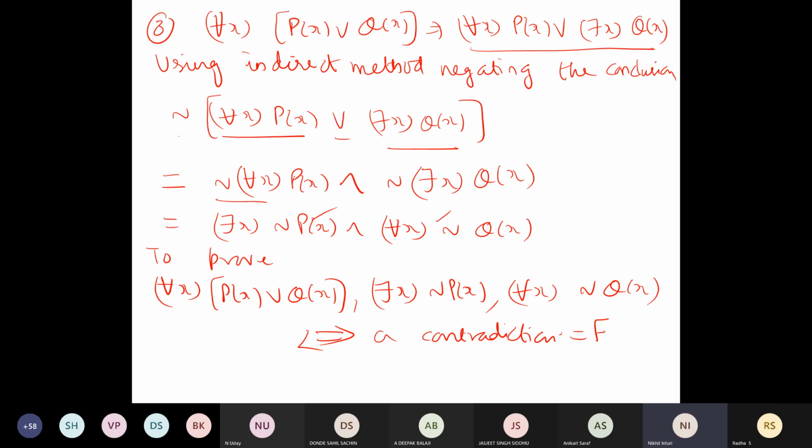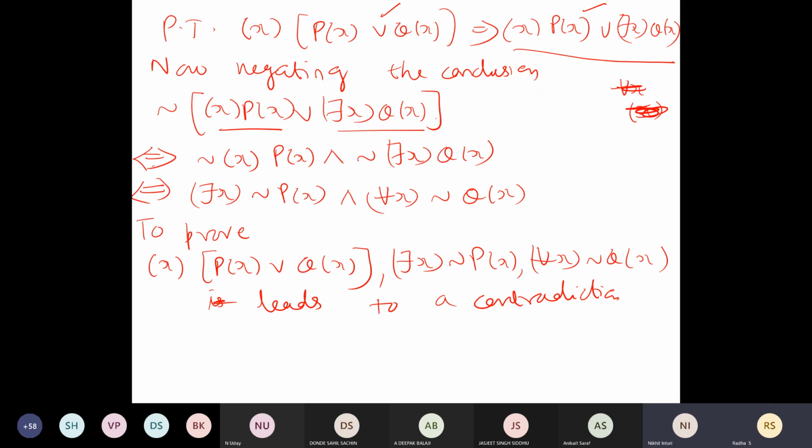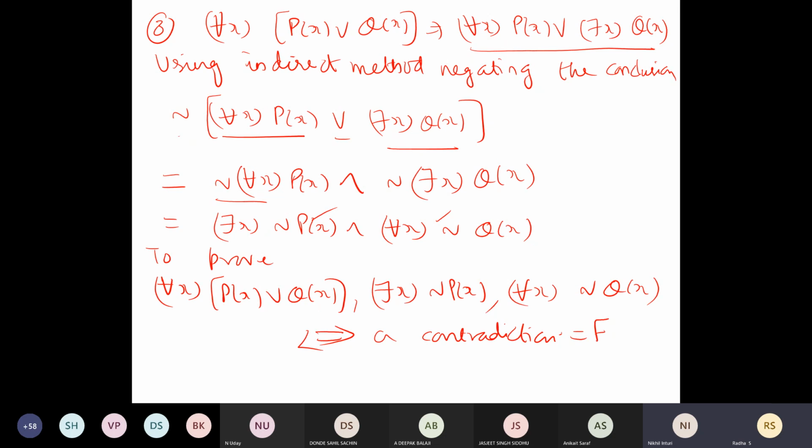Okay. Which one do you feel has to be introduced first? You learned something from the second question. So there exists x not of P of x.